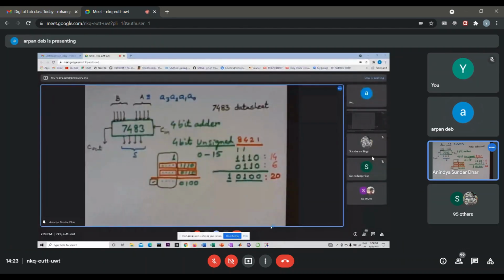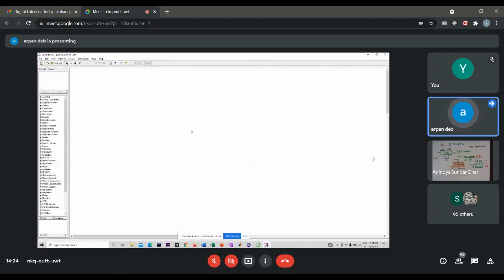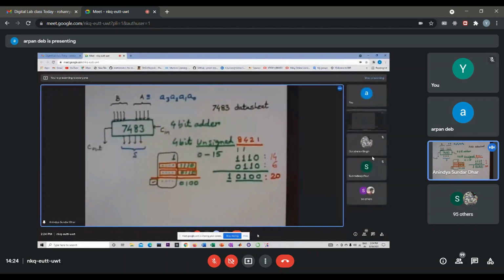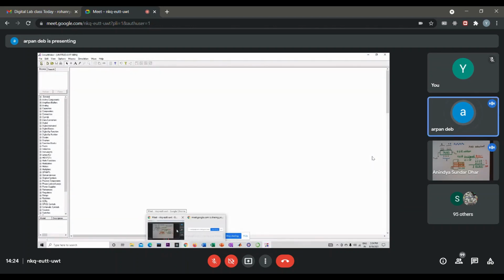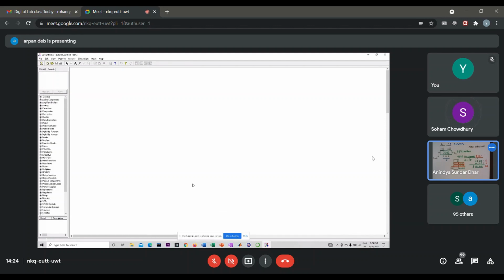So is my screen visible? Not yet. I am seeing some circle with A. Probably you have not selected this.